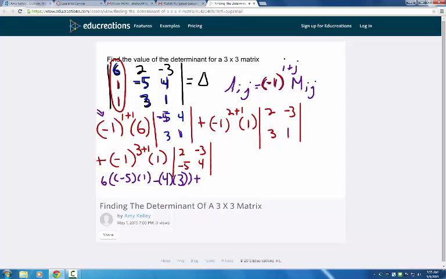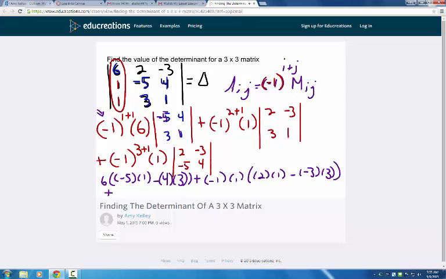Plus, now moving on to the next term, negative 1 to the power of 2 plus 1 is negative 1 to the third, which gives us negative 1 times our element 1 times the determinant, which gives us 2 times 1 minus negative 3 times 3.